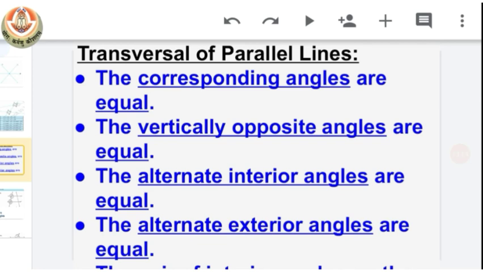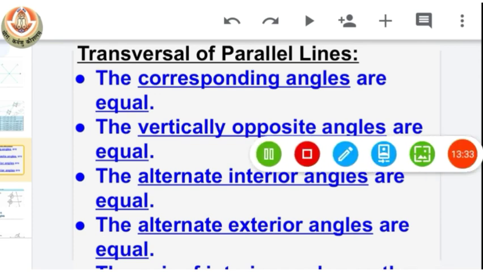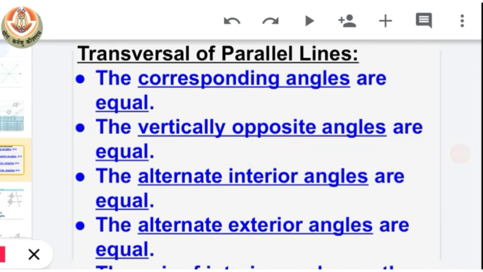So when a transversal intersects two parallel lines, then each pair of corresponding angles is equal. It is very important. When a transversal intersects parallel lines, then each pair of corresponding angles formed is equal to each other.